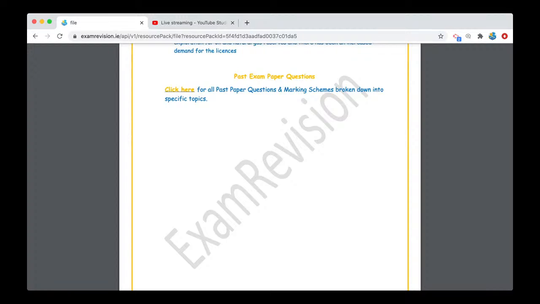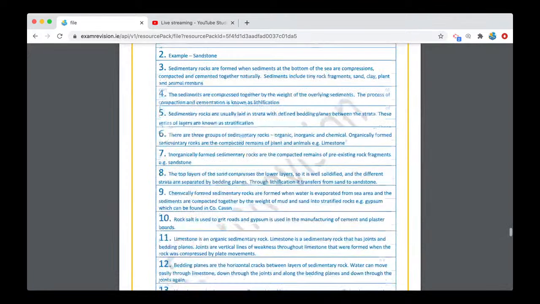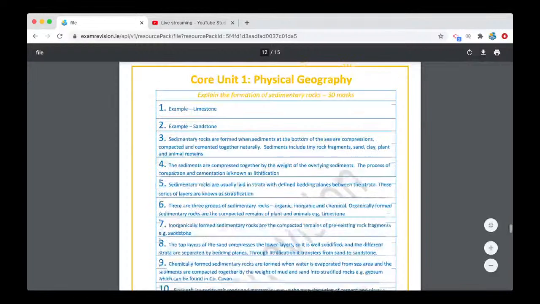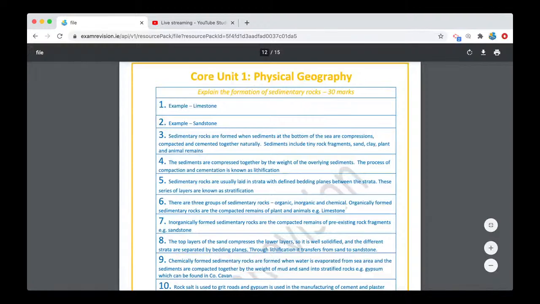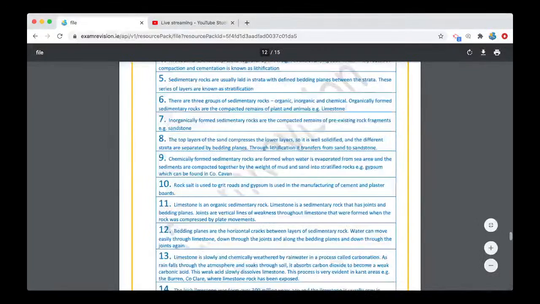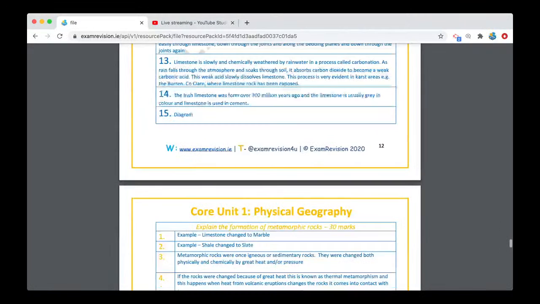You can also click on the past paper questions. That'll bring you to the website where it breaks it down on ExamRevision.ie. And then we've actually done out the sample answer. If the question was to explain the formation of sedimentary rock, you should give 2 examples because you get 2 SRPs, and each SRP is broken down to show you exactly what an SRP is, because I know that can be a confusion.